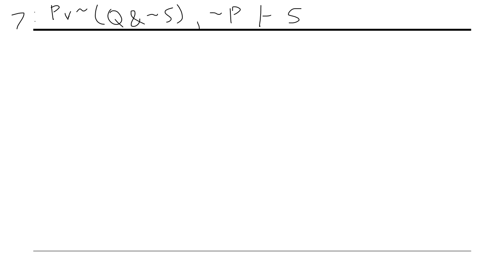So we got two premises this time. So we got P or not Q and S, and not P and S. So let's look at the first premise.